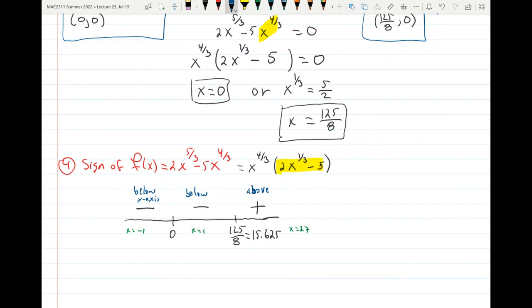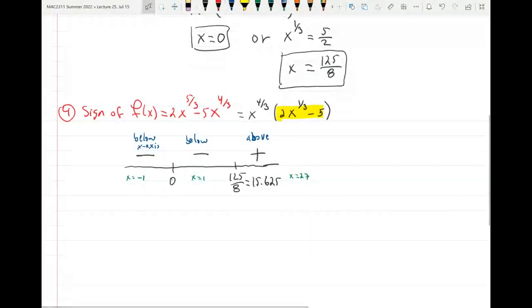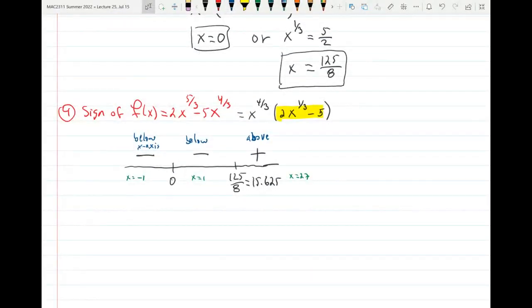Okay, so now that we have this, let's continue. We know the sign, so let's just keep it there. There's no need to actually write down the intervals. We can see the intervals here in the picture. All right, so step 5, we want to figure out asymptotes.